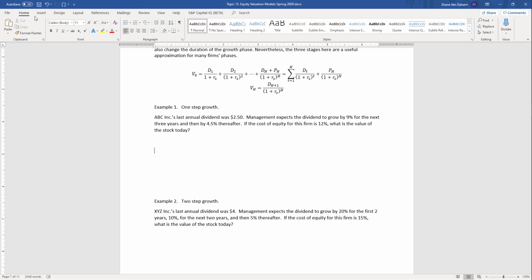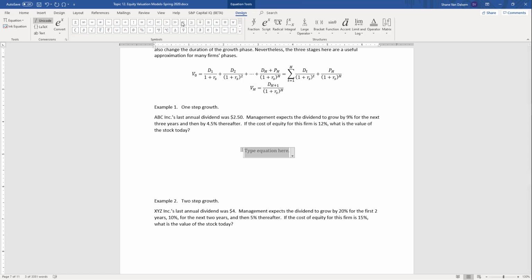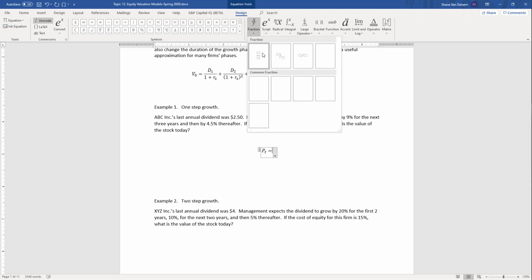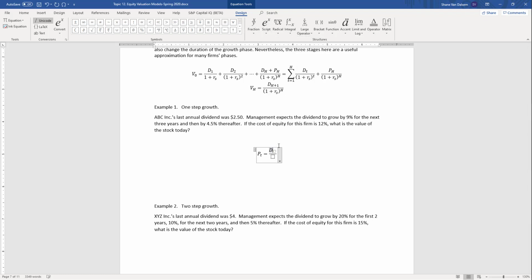So with the constant growth formula, the price at time t is equal to the dividend at time t plus 1 divided by the required rate of return on equity minus, and in this case, understand that the growth rate is the constant growth rate.